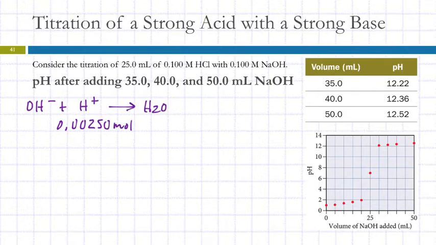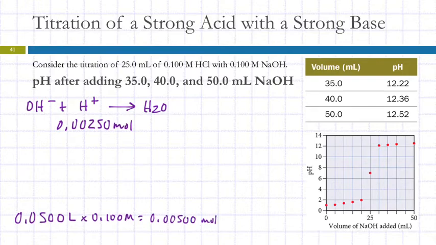Now if we're adding 50 milliliters, 50 milliliters is 0.0500 liters, and it's 0.1 molar. So this is going to be 0.00500 moles of the hydroxide.